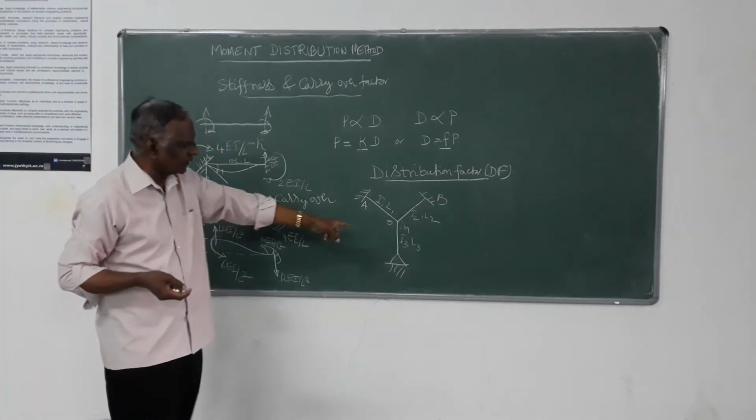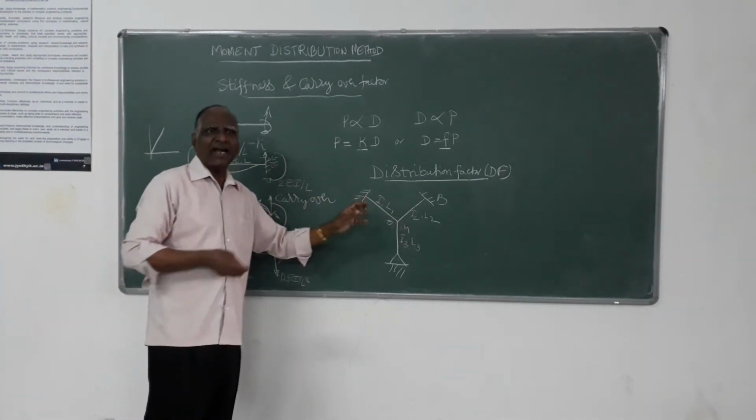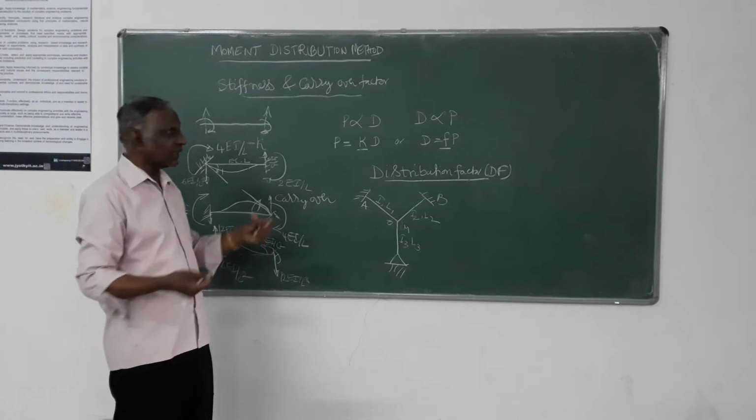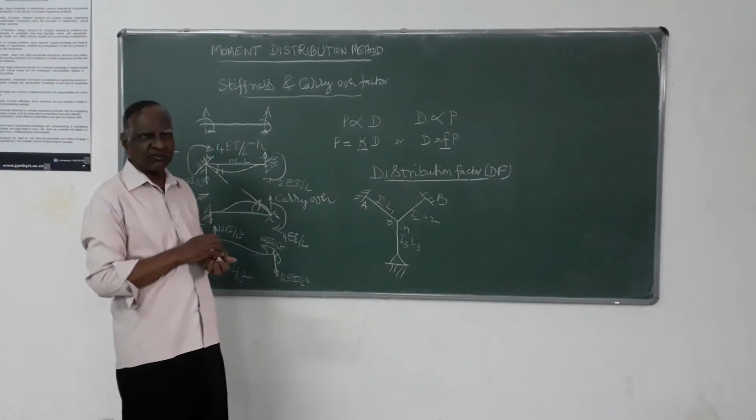When we are taking only the moments, the distribution of moment coming at any joint and how it will be shared by the other members, we should know. That's called the distribution factor.